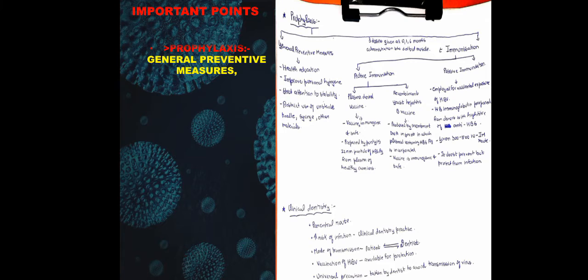So coming to the next one, the important points. The prophylaxis would include general preventive measures and also immunization, that is both active and passive immunization. The active immunization would be of two types, that is the plasma-derived vaccine and the recombinant yeast hepatitis B vaccine. And the passive immunization would include the vaccination which is given to the doctor when getting exposed by mistake from the patient.